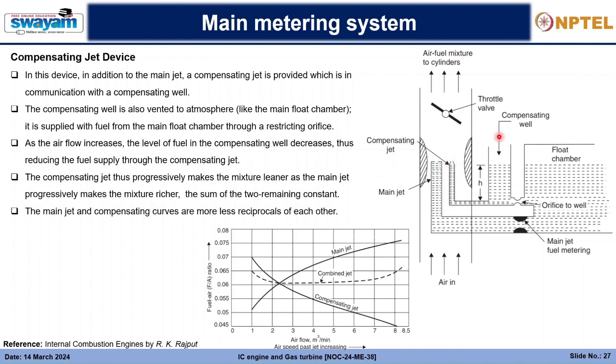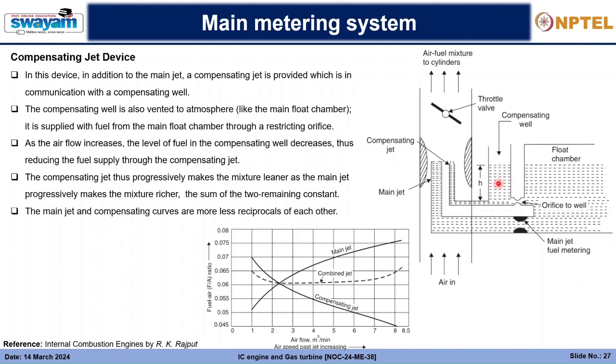So this is a compensating well in which fuel is poured, and due to the atmospheric pressure, the flow chamber is connected to this compensating well through this orifice, and this orifice is quite small. When the engine is operating such that the throttle valve stays open for a long time, a higher combined jet mixture is required.